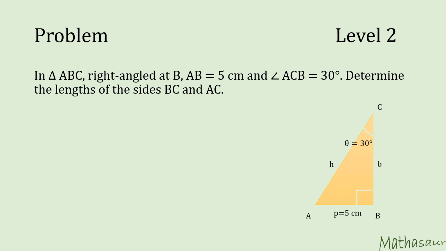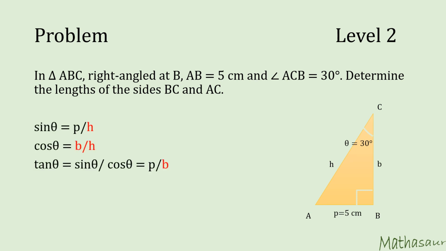Now we can name the sides as P, B and H. If we write down the three basic trigonometric ratios that we know of, sin theta, cos theta and tan theta. Let us indicate the unknown values in bright red. So there is one unknown in sin theta, there are two unknowns in cos theta and there is one unknown in tan theta. You can pick any two of these ratios and figure out the sides BC and AC.